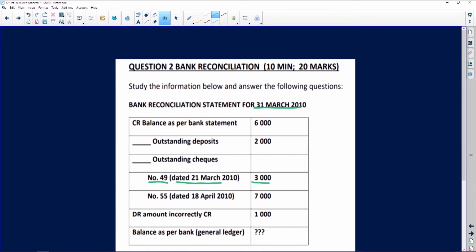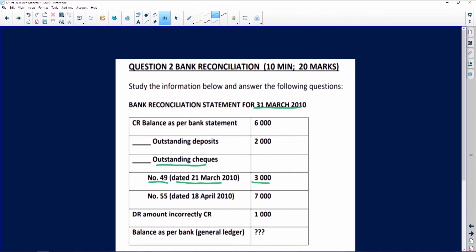So clearly the check was issued 10 days ago, and it is possible that the person the check was issued to hasn't as yet cashed the check. So remember, the check is not cashed. Obviously, that is why it is an outstanding check. It could be that that particular individual just didn't have time to go to the bank.